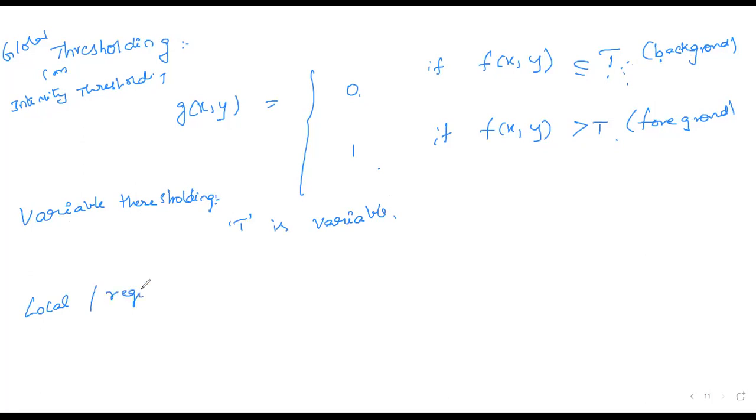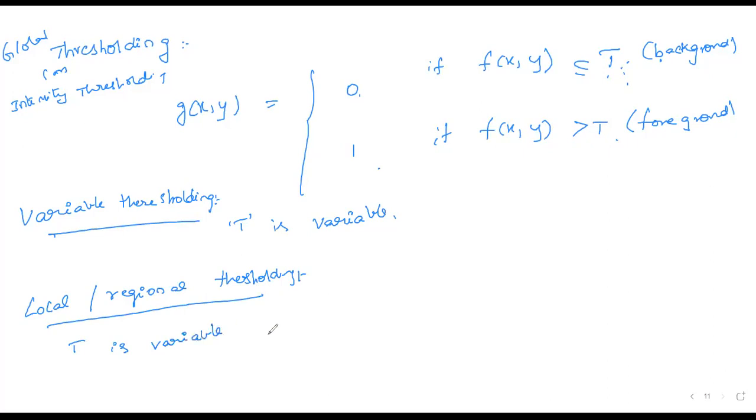Local or regional thresholding means T is variable and depends upon the neighborhood property of x comma y at any point x comma y.